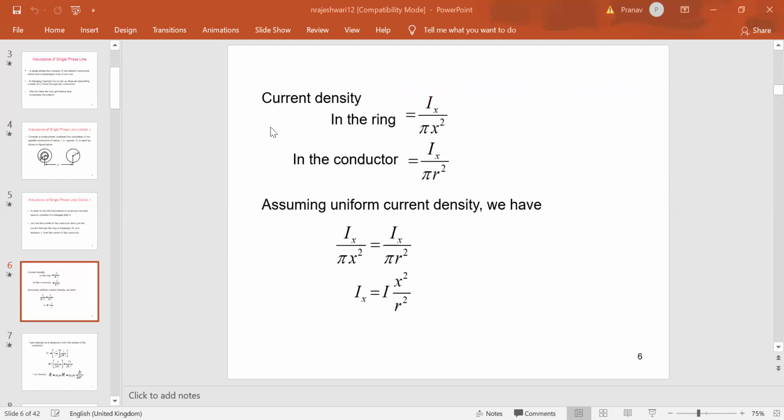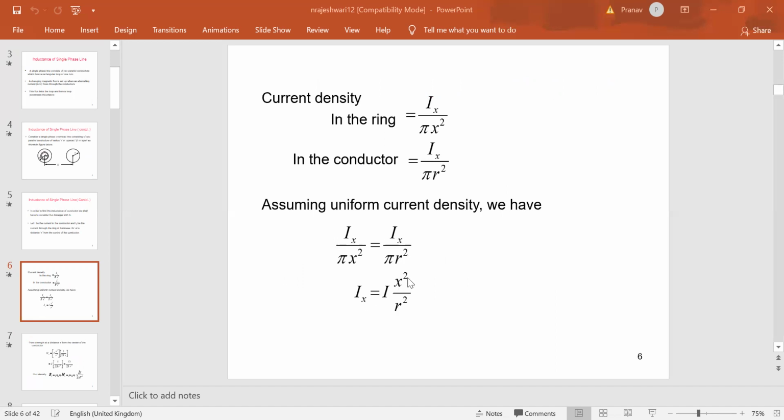So the current density in the ring will be given by Ix by pi x square, and in the conductor it is I by pi r square. Assuming uniform current density, we have Ix by pi x square equal to I by pi r square.